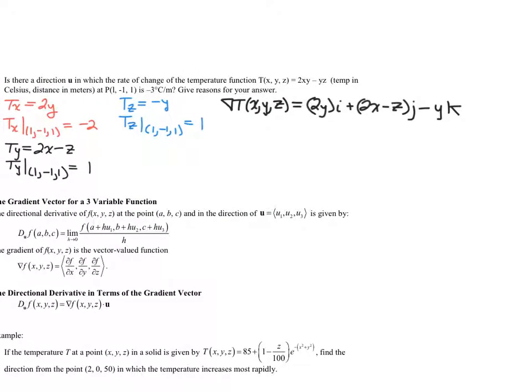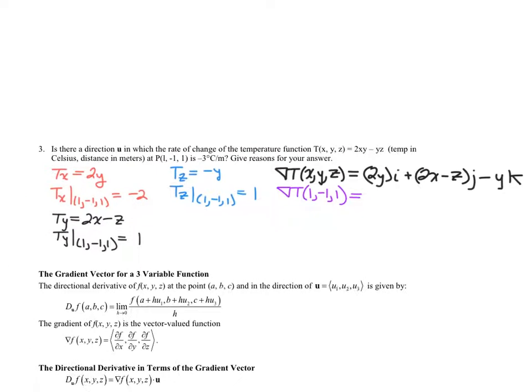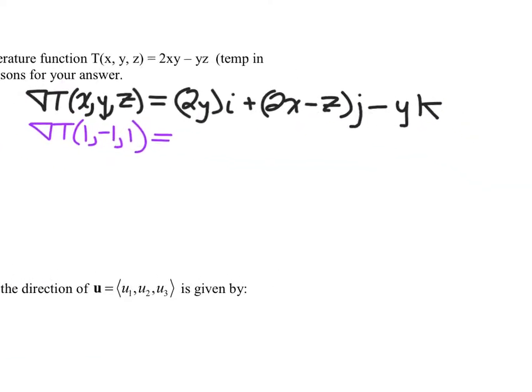Now the magnitude of this could be complicated if I were to actually do it in algebraic form, but since I have it at a particular coordinate, I can figure out the gradient at that location. And we've already figured out these numbers. -2, 1, 1.